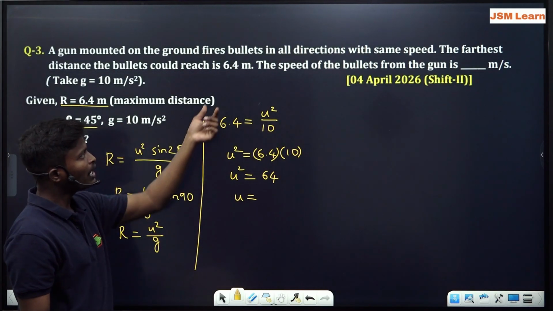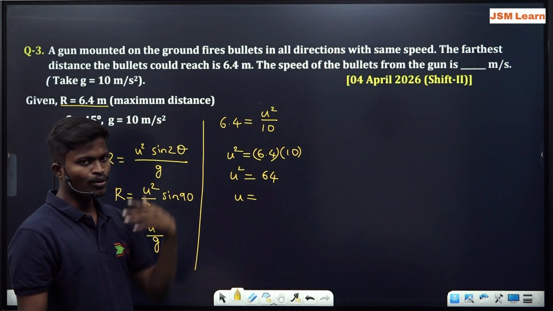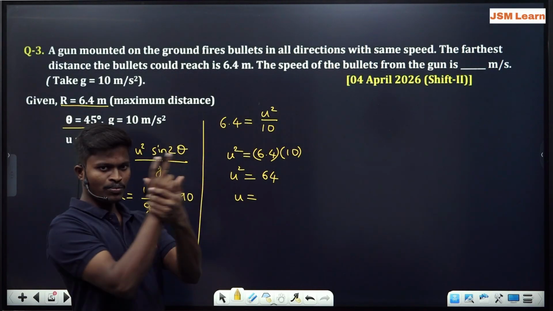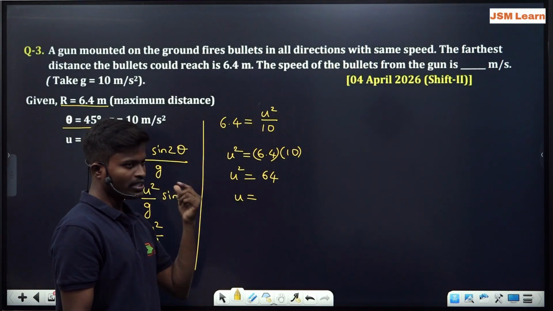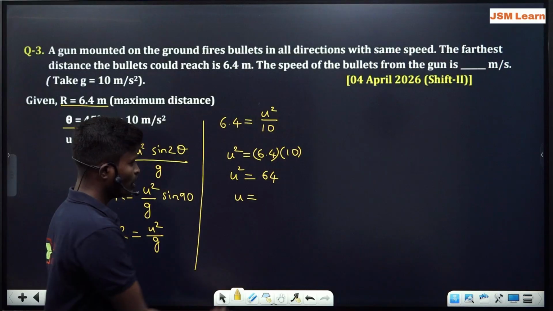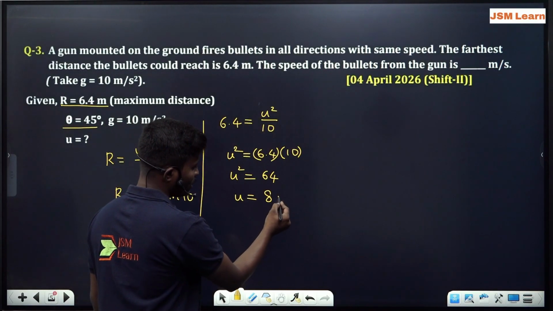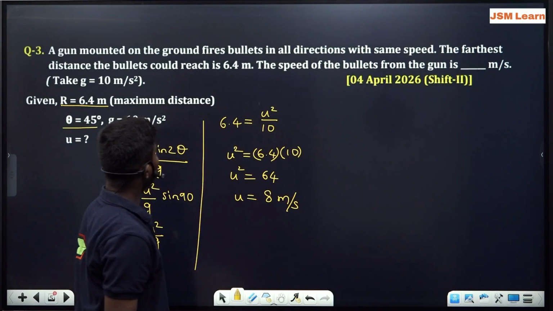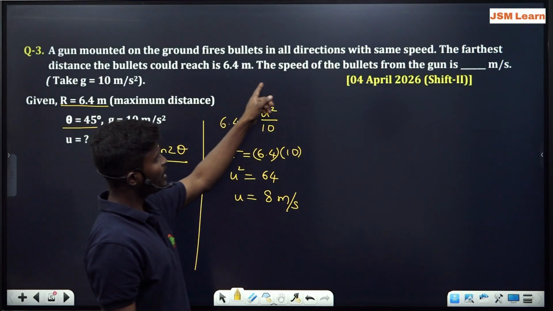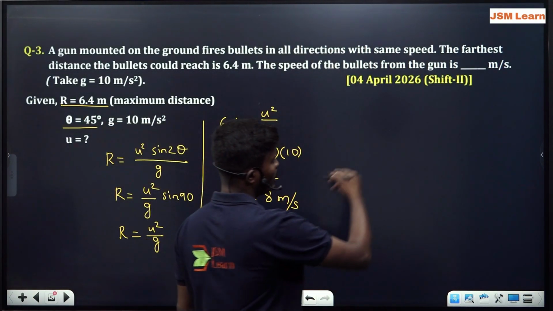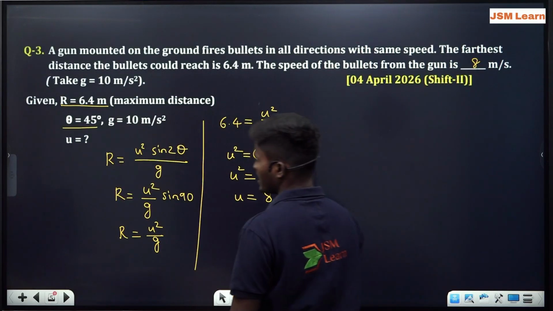But in this case, he is asking the speed, so there is no particular direction. In all possible directions he is firing, so we have to take the magnitude. So u square is equal to 64 means u will be 8 meter per second. The answer is the speed of the bullets from the gun will be 8 meter per second.